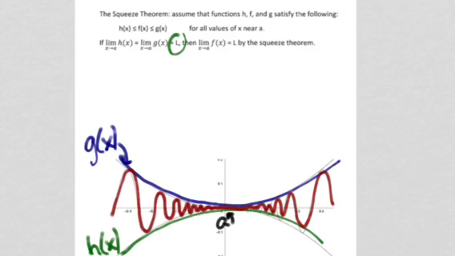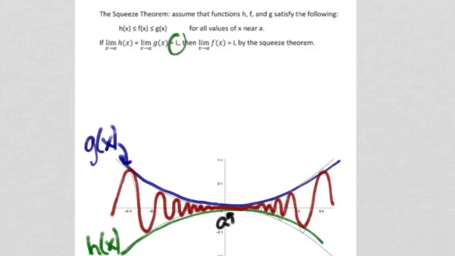Well, then that means that the limit of the red one, which we don't really have any information on, is equal to that same number, because it gets squeezed in between the blue and the green one at that particular point. Since the blue and the green one are equal, the red one can't escape from it. So it is squeezed in between and thus has the same limit at that particular spot.